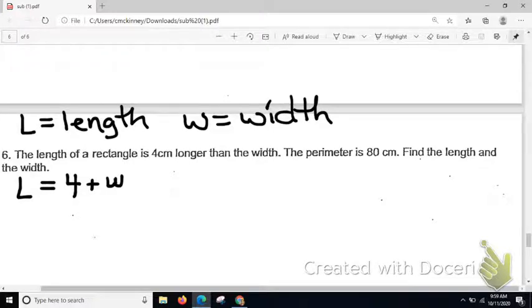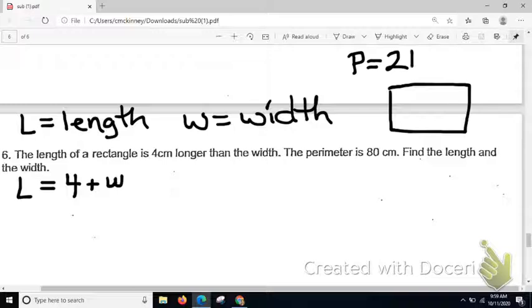The perimeter is 80. So think about perimeter. This is a rectangle. Pretend with me. It's not a very good one. But perimeter means we're going around the rectangle. And you might be familiar with that formula. The formula for perimeter of a rectangle is twice the length plus twice the width.